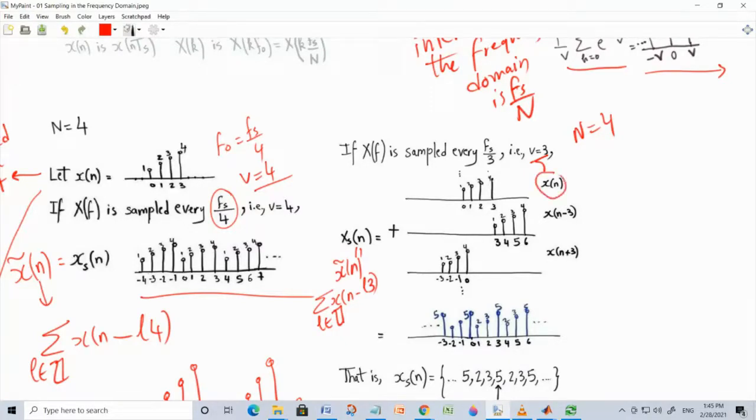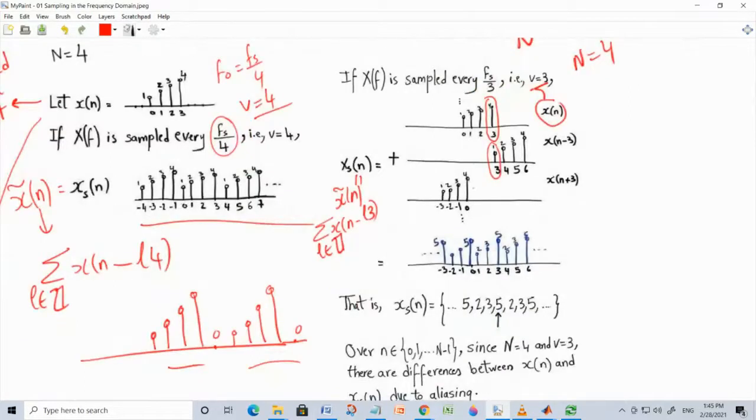See this part here, there is a sample here. When you shift this signal by 3 samples to the right, you have this sample interfering with this sample at 3. And so when you add, because x tilde is the addition of those replicas, you get something that looks like this: 5, 2, 3, 5.